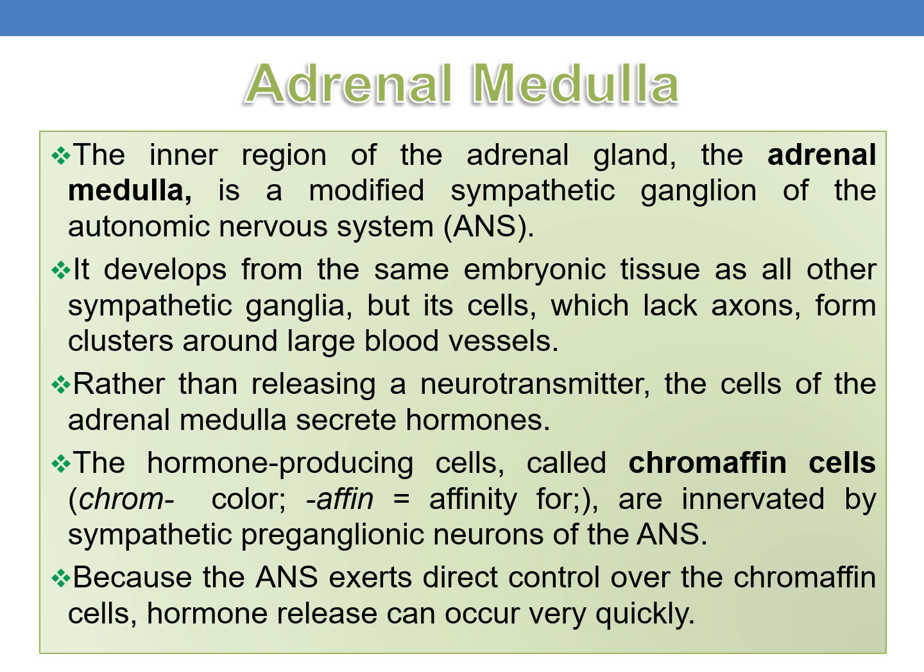Rather than releasing a neurotransmitter, the cells of the adrenal medulla secrete hormones. The hormone producing cells, called chromaffin cells, are innervated by sympathetic preganglionic neurons of the ANS. Because the ANS exerts direct control over the chromaffin cells, hormone release can occur very quickly.